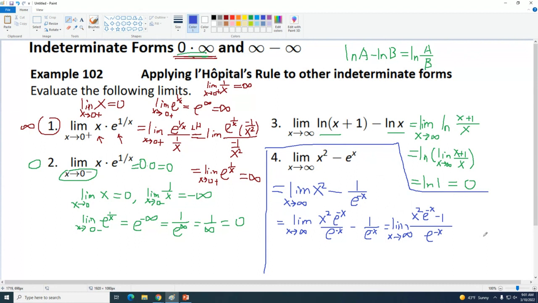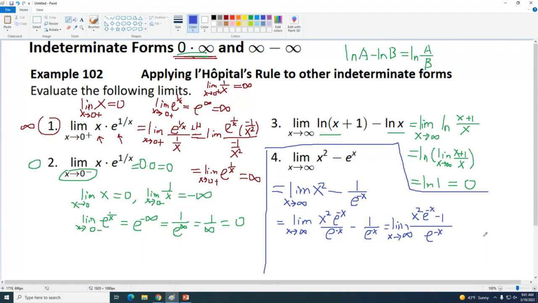Okay, so after we change it to this form, the denominator actually approaches 0, because as x goes to infinity, this is e to the negative infinity, so the limit is 0.